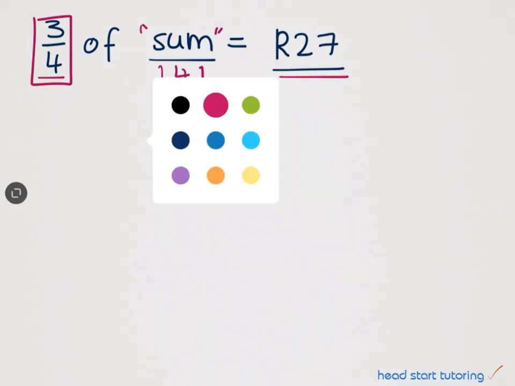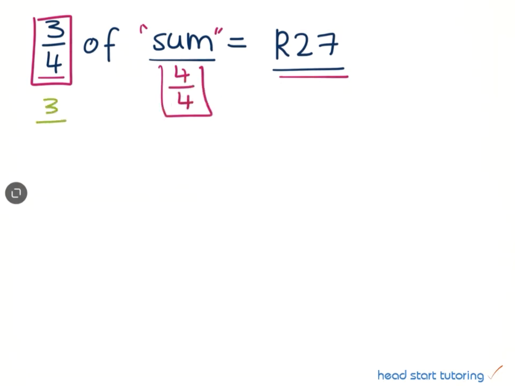We need to first have a look at what we need to do to 3/4 in order to get to 4/4 most easily. What we need to do is try and get to 1/4, because if we know what 1/4 of our sum of money is, we will quite easily get to our 4/4, because 1/4 multiplied by 4/1, 4 wholes, will give us an answer of 4/4, because 1 times 4 is 4 and 4 times 1 is 4.